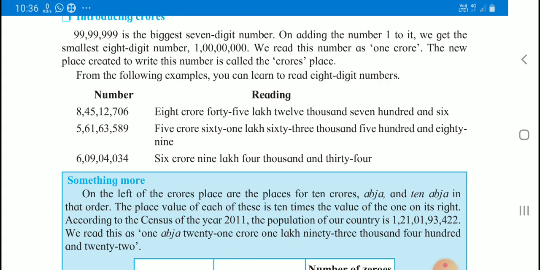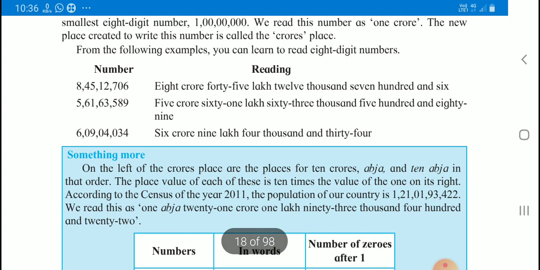From the following examples, you can learn to read 8-digit numbers. Now they have given the number 8 4 5 1 2 7 0 6. We will read it as 8 crore 45 lakh 12,706.